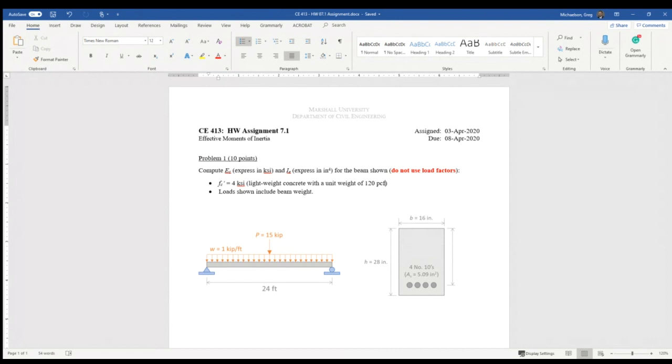And two, you're going to use WL squared over 8 for that distributed load, but you're not going to use WL squared over 8 for that point load, that P. You don't take that point load and try and convert it into a distributed load. That doesn't work. If you go to the slides, you'll actually find the formula for that point load. So it's going to be WL squared over 8 plus something, okay? And so that's going to be your homework. Other than that, it should be pretty plug and chug.